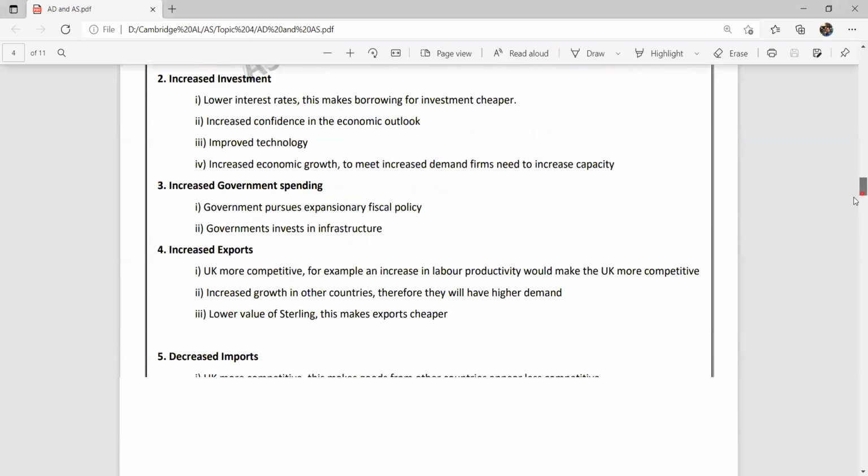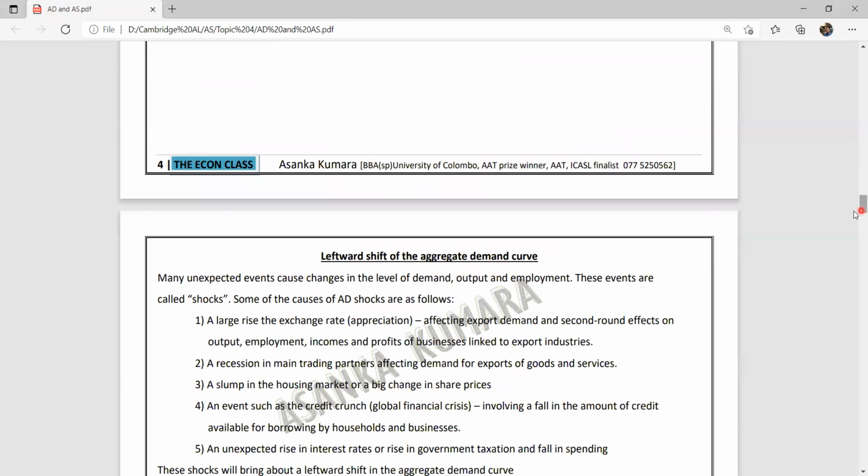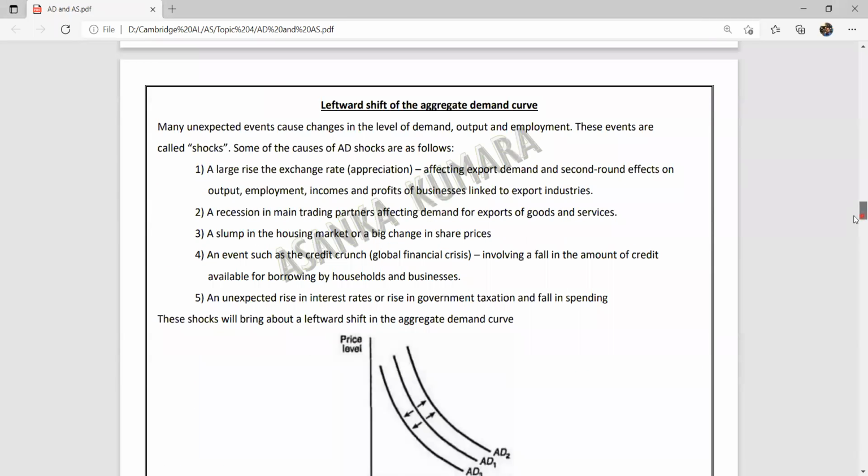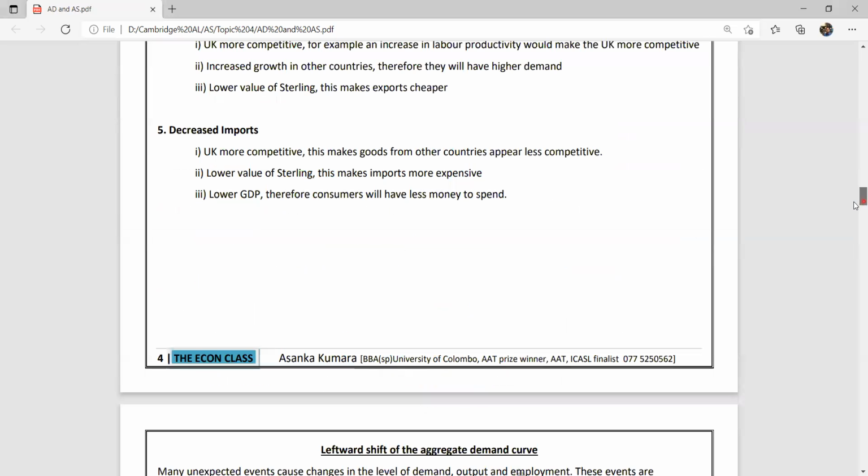Thereafter, we have to understand reasons for a leftward shift. Rightward and leftward shifts are the same idea. For example, I just write rightward shift of AD as well as leftward shift of AD.